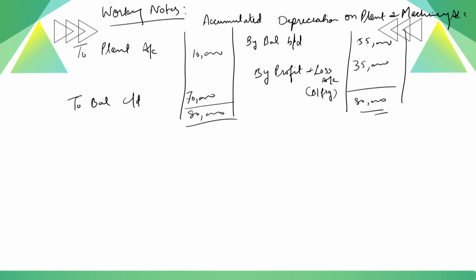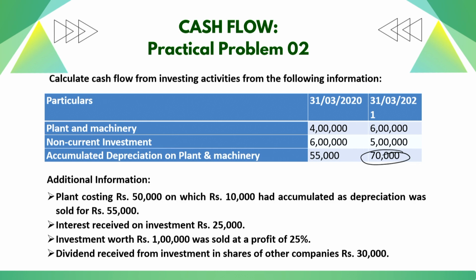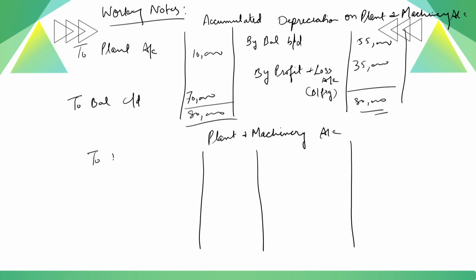Now we will prepare plant and machinery account as working note number 2. In this account we are given the opening balance of the plant as 4 lakh and closing as 6 lakh. To balance brought down 4 lakh rupees, and then we have by balance carried down 6 lakh rupees.